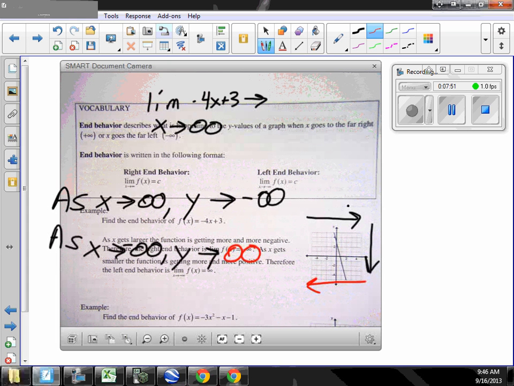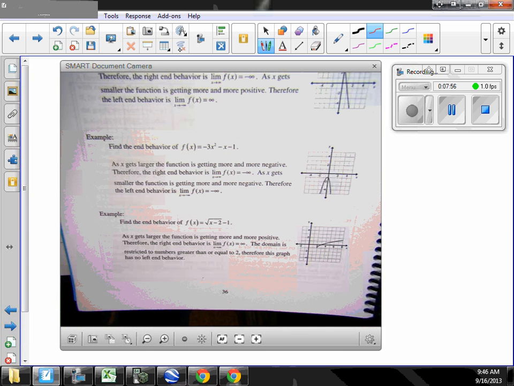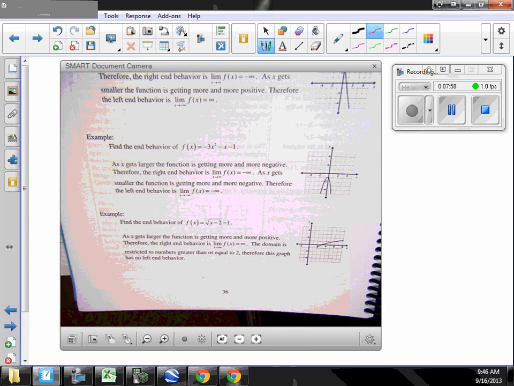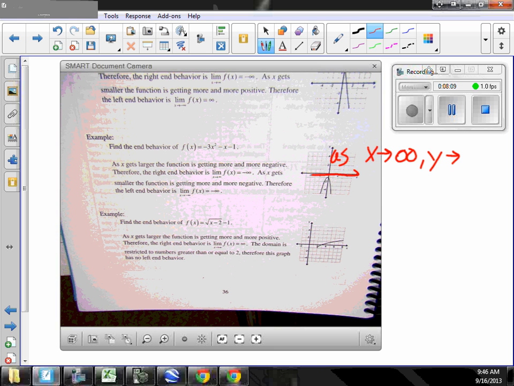So look at the next example below there. On this one, as x approaches infinity, y approaches... So as we travel to the right, you'll notice that the graph is going down.